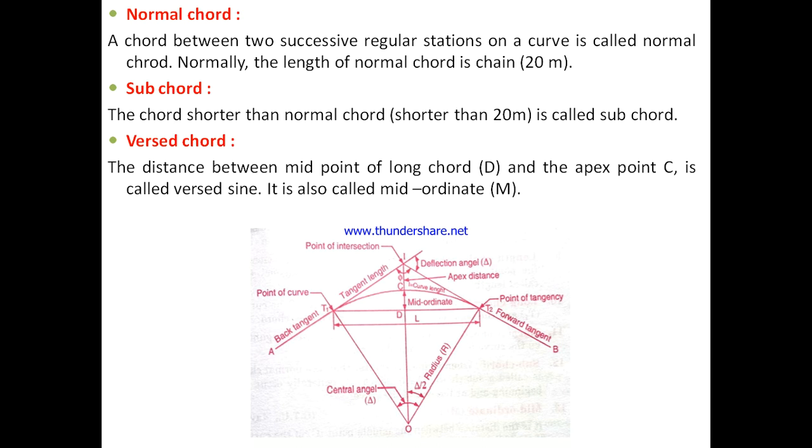The next one is a normal chord. What it means: a chord between two successive regular stations on a curve is called a normal chord. Normally the length of a normal chord is one chain, that is 20 meter.